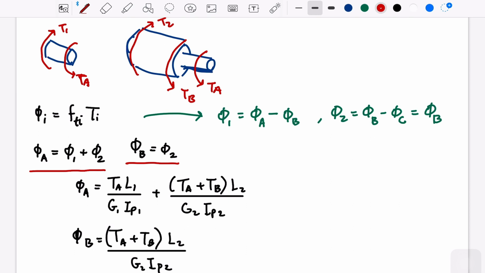Because there are torsions A and B changing the twisted angle on both sides, there will be some differences in material 1, but in material 2 it is B and C, and we can assume C is 0 because of the wall, so this is just the twisted angle B for material 2.